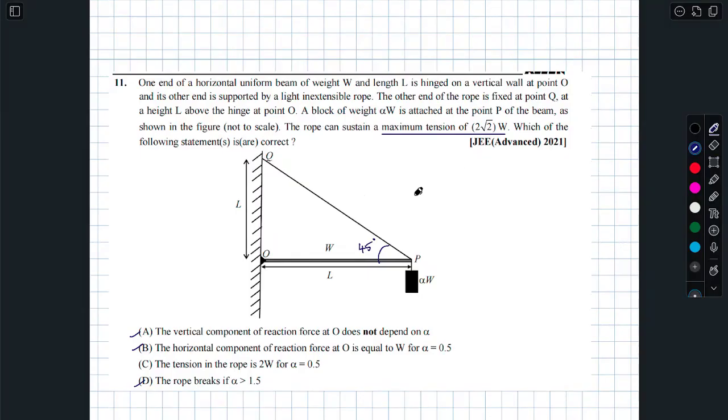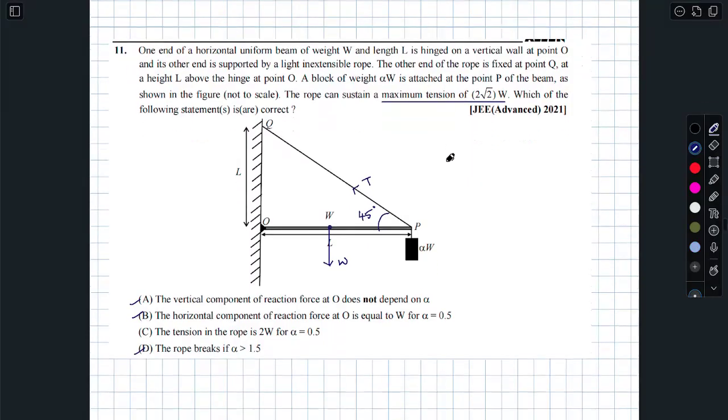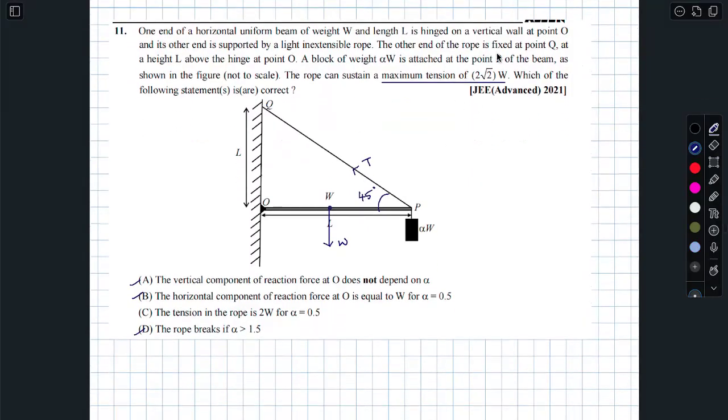Now the question is, I think we have done a similar model here. W, alpha W and W. Now about the hinge, the torque about the hinge is equal to 0.